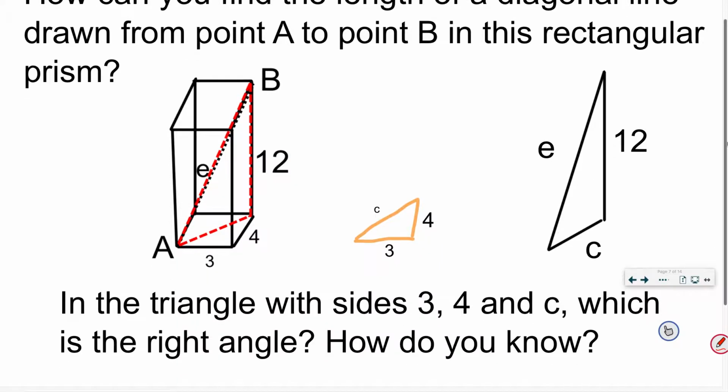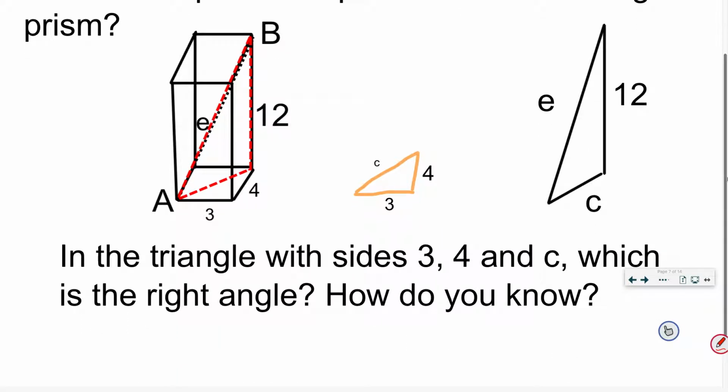So in the small triangle here, and again, we cut this. What is the length of C? You have a right triangle with 2 sides, so you can use the Pythagorean Theorem. What is the length of this leg? Yeah, this leg would be 5. How did Christian get 5? That is a Pythagorean triple.